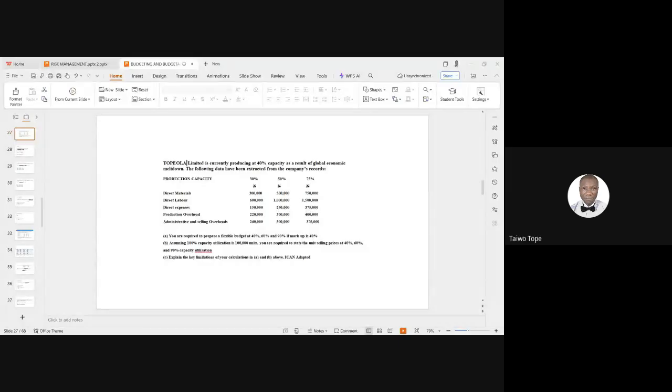Yes, Madam Victoria. Since we are having the same value, both variable and fixed costs, is it possible for us to ignore the separation of costs and just assume the production overhead is variable?